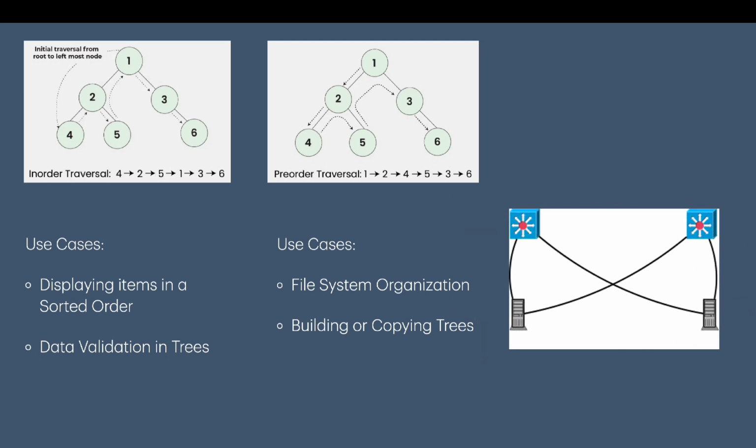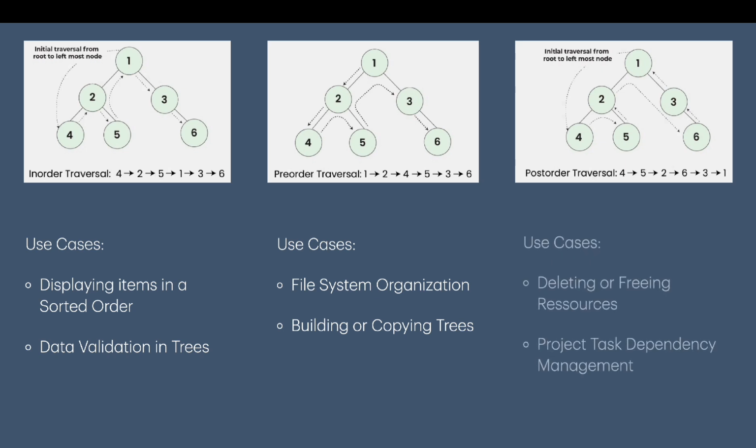Building or copying trees: suppose you are creating a copy of a network configuration tree that includes various routers and switches in a hierarchical setup. You recreate the original structure by visiting each node in the exact order needed for an accurate duplicate.